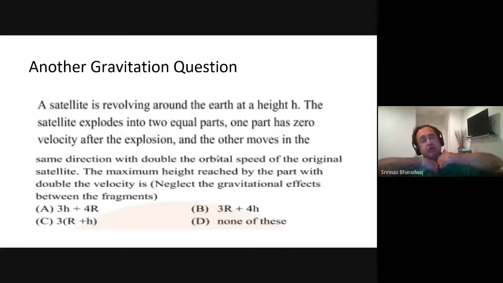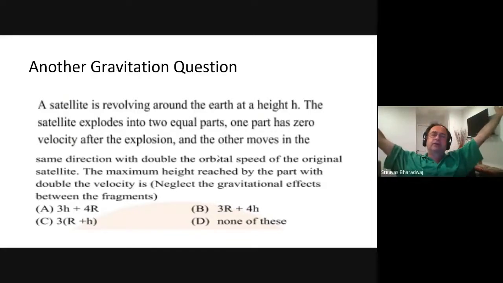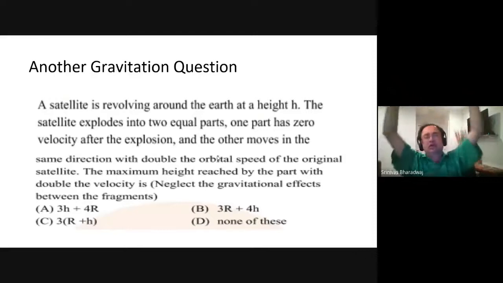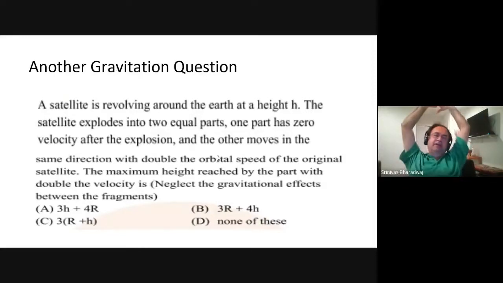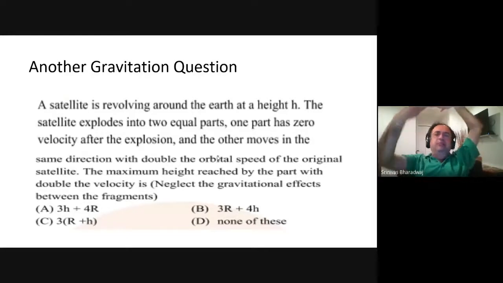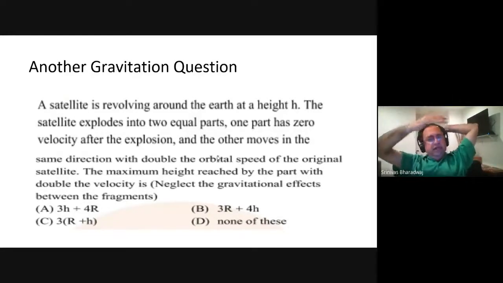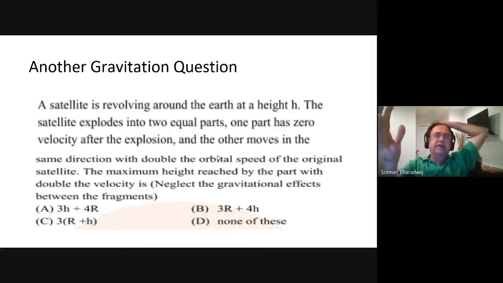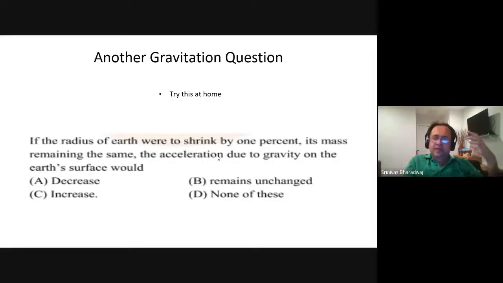So it's going to keep going forever and forever. That's the point here. They are trying to see if you understand whether it's beyond the threshold of escape velocity. Then it's not going to go to some maximum height and come back. It has escaped the gravitational field of the Earth. Okay, so it is none of the above.